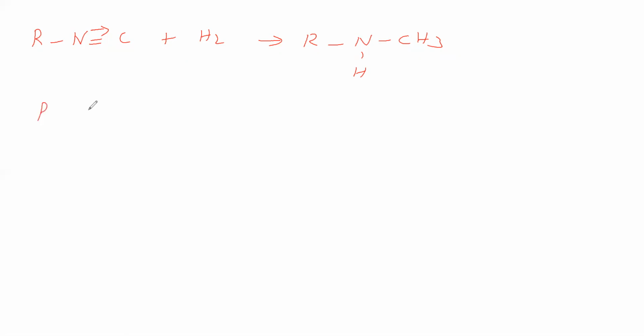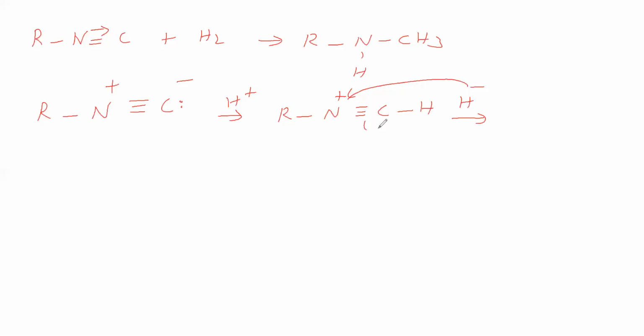So we write the isocyanide like this. First H plus is attacking this carbon, so we get this. Then H minus is attacking. Next H plus is attacking this.